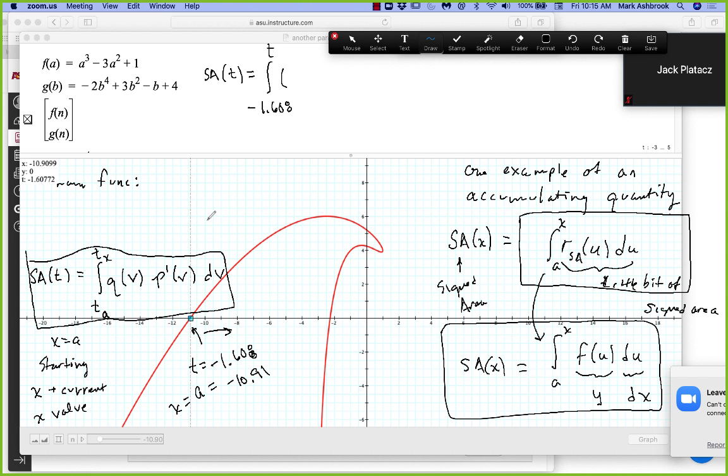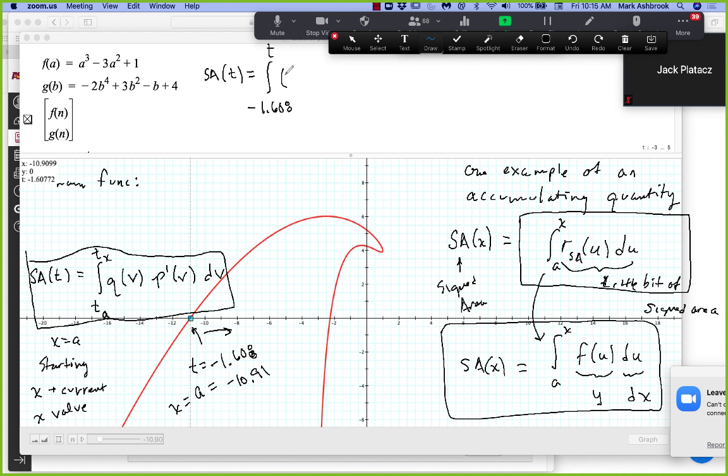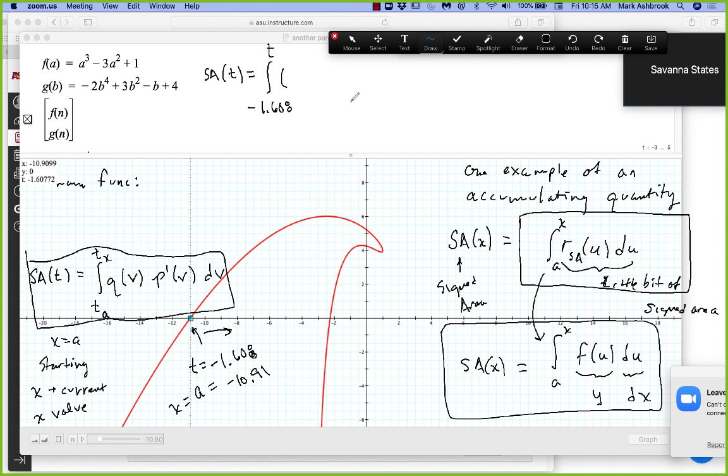So what is the integrand for this curve right here? What's the y value at a certain t point? It's going to be every t value starting from negative 1.608 to t. So how do we express every y value? g of v.